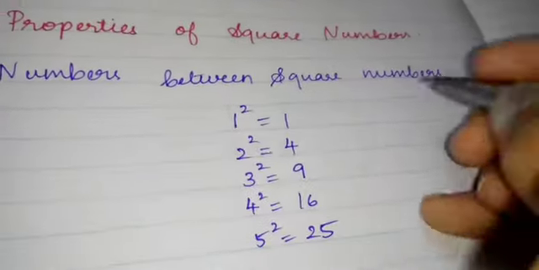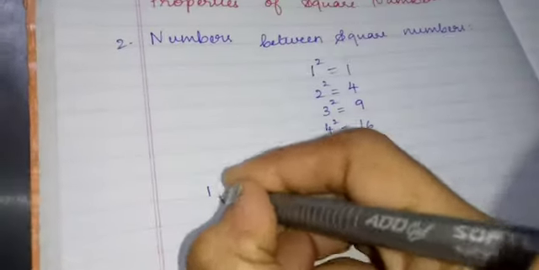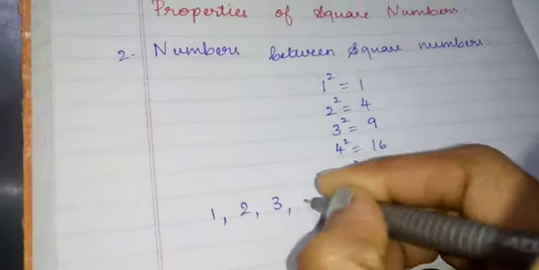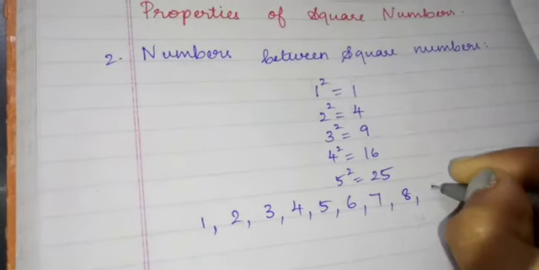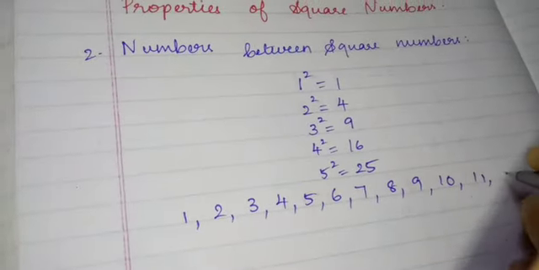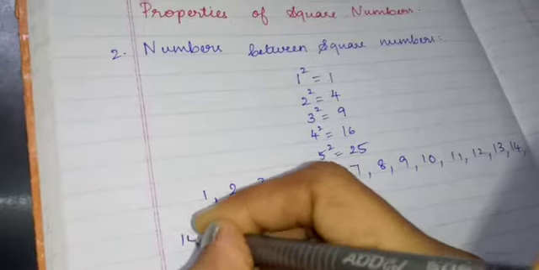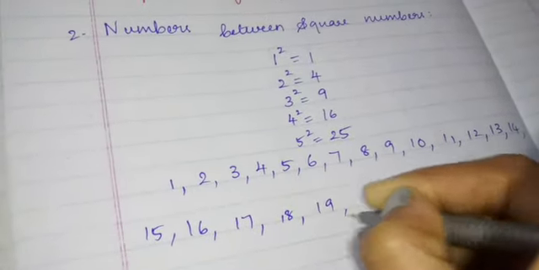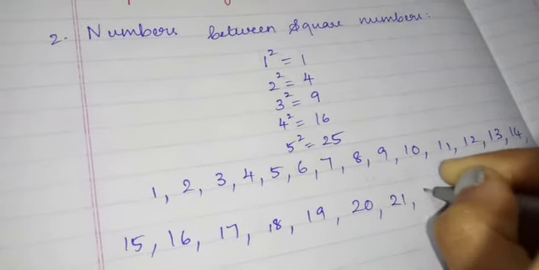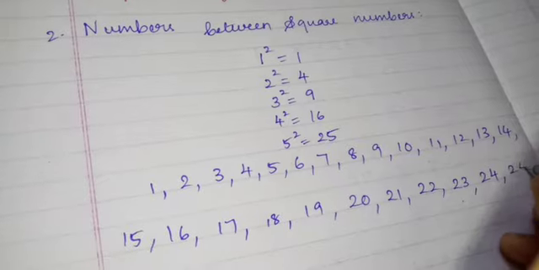So first, when you are writing the numbers 1, 2, 3, like that, 1 up to 25.